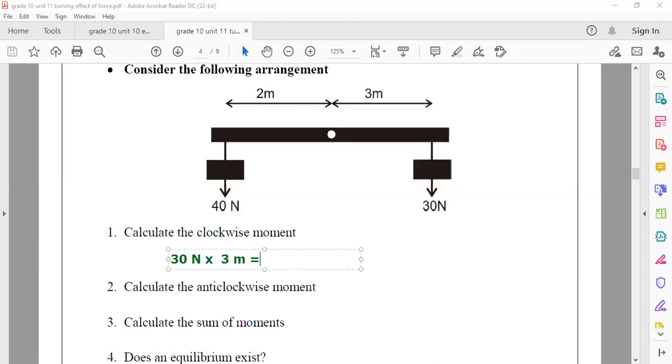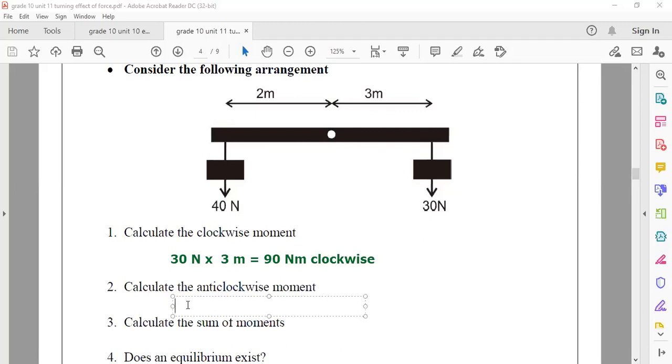Multiply and write it: 90 Newton meter. What direction? Clockwise direction. Similarly, the second one.